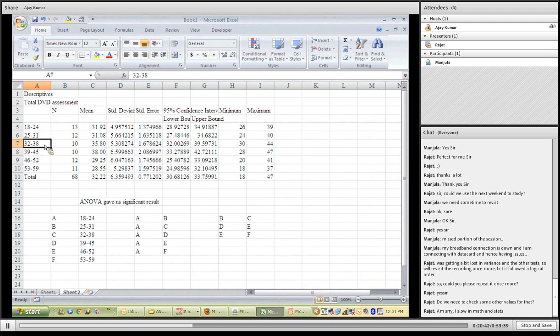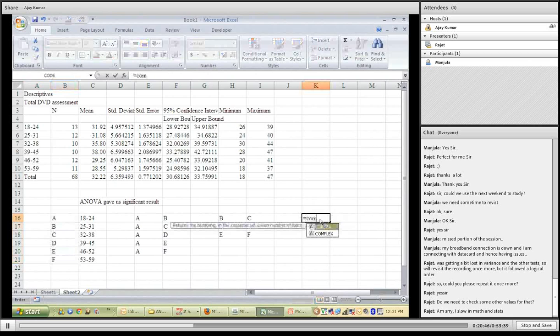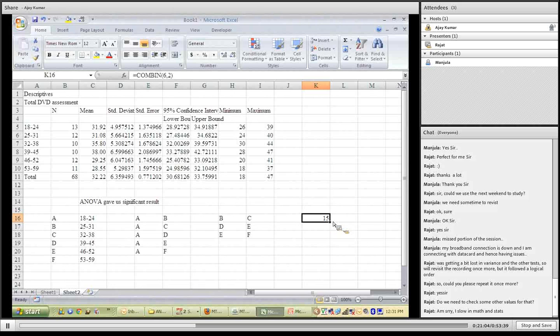We have 6 groups in total and combinations of 2, so we will have 15 combinations: AB, AC, AD, AE, AF, then BC, BD, BE, BF, then CD, CE, CF, and the same way we keep going until we end up with 15 combinations.